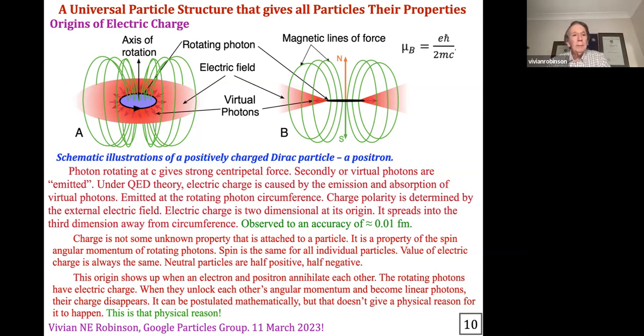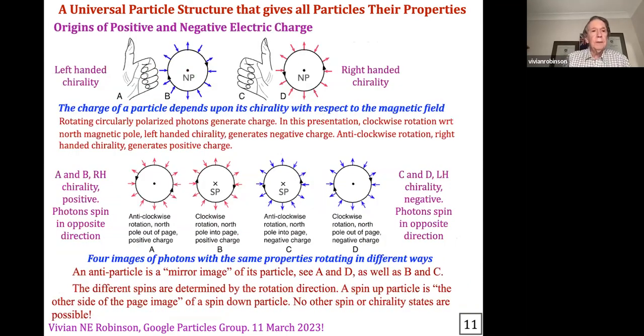Then we come to polarities of charge. In this particular slide, you saw in the earlier couple of slides back that the electric field is perpendicular to the magnetic field.